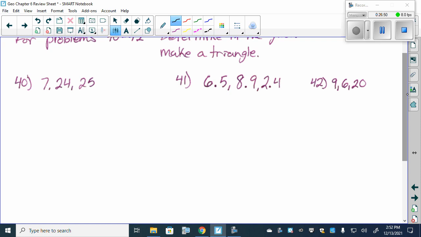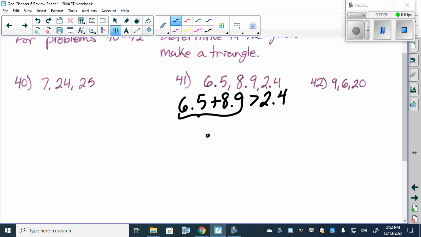So we can just start off with 6.5 plus 8.9 is going to be greater than 2.4. If we add them together, 6.5 plus 8.9 is going to give us 15.4. Is 15.4 greater than 2.4?